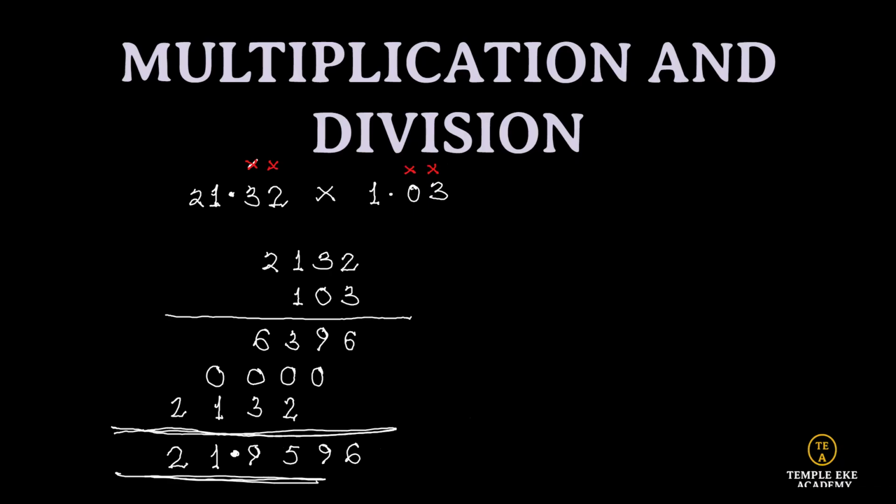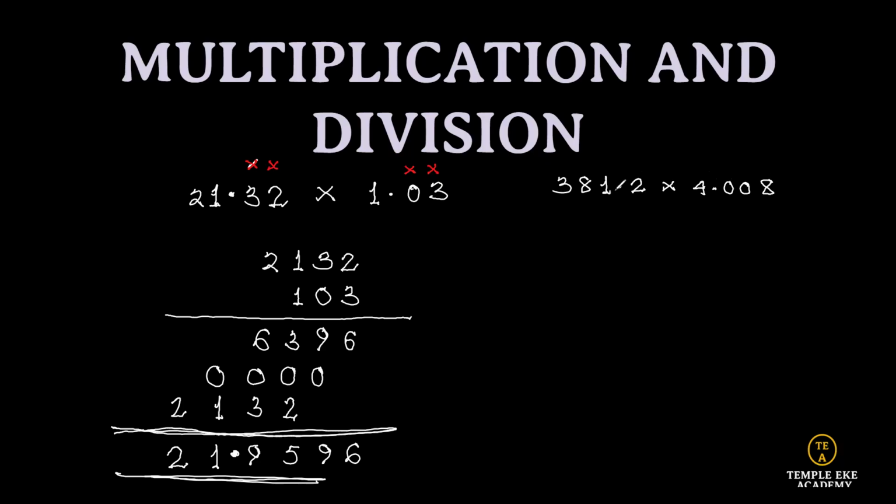Let us see another example to seal it up. Supposing we want to multiply 381.2 multiplied by 4.008. Look at that.